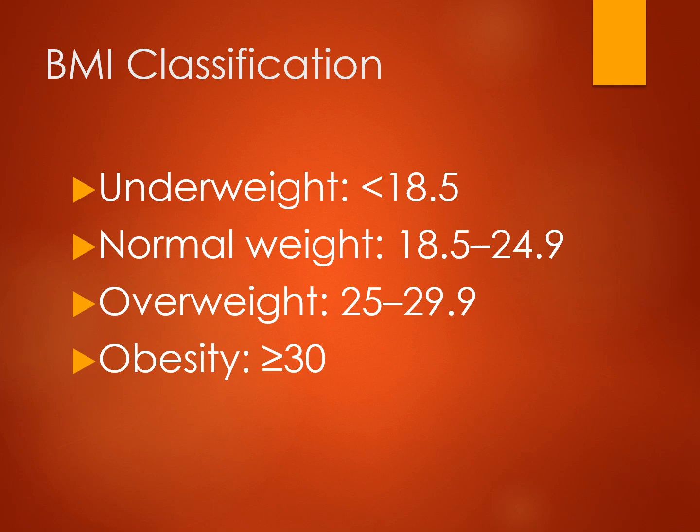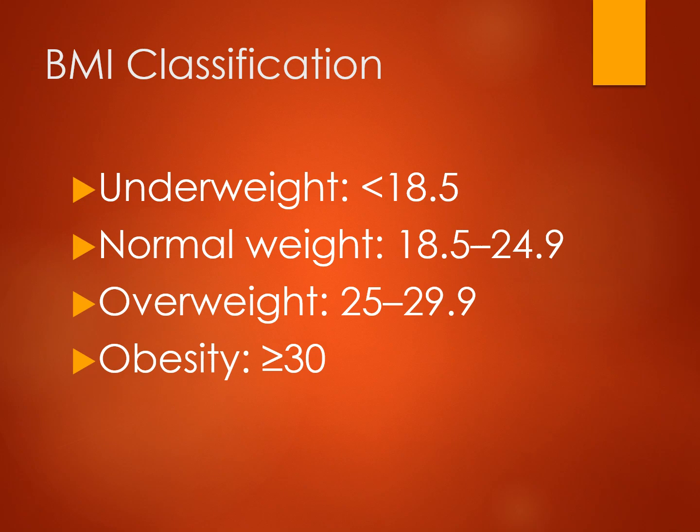So here are the classifications after the calculation is done. If the individual scores less than 18.5, the person is underweight.